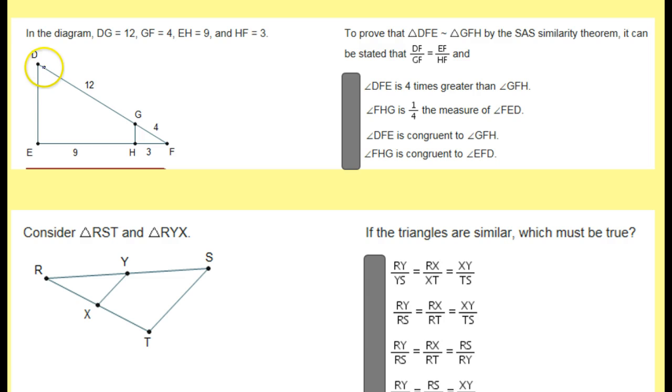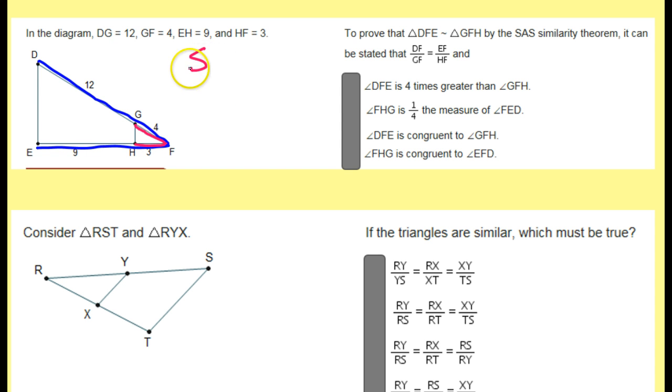So we have DF, which is like this one, and then GF is right here. And then we have EF over HF. So we have EF, which is like this, and then HF, which is like this.